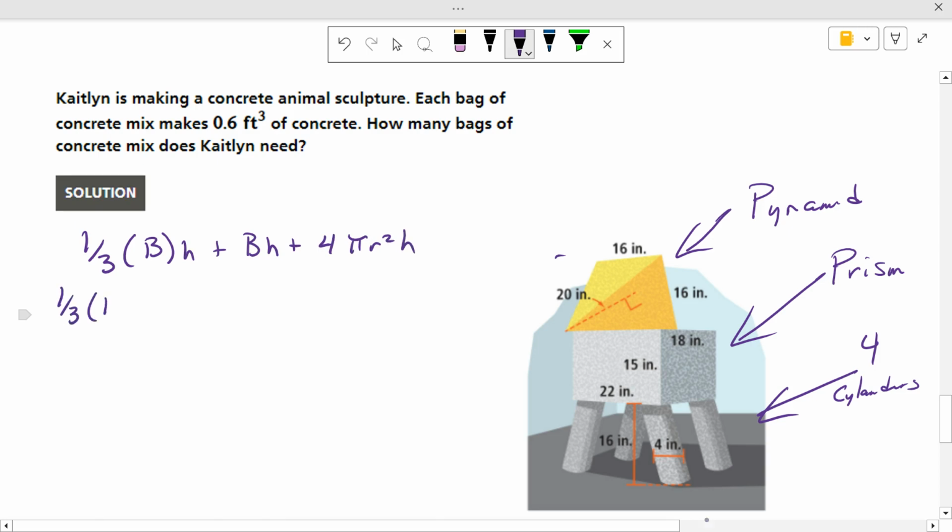The area of the base of this one is 16 squared. The height is 20 plus the area of the base is 22 times 18 and then the height is 15 plus 4 pi. The radius is 2, and the height is 16. 2 squared. So, yeah, just throw that in your calculator, and you get an answer.